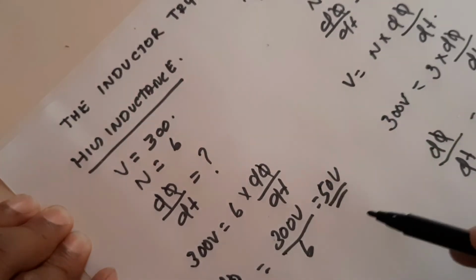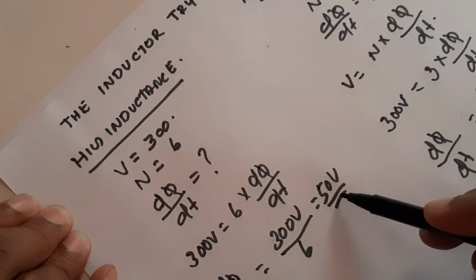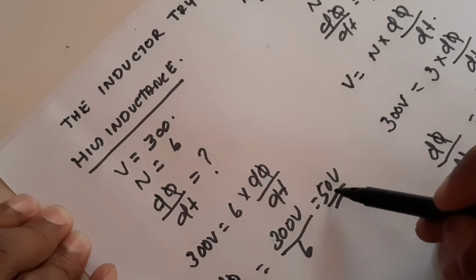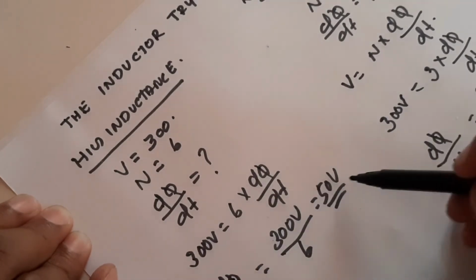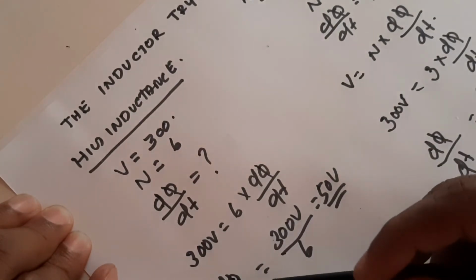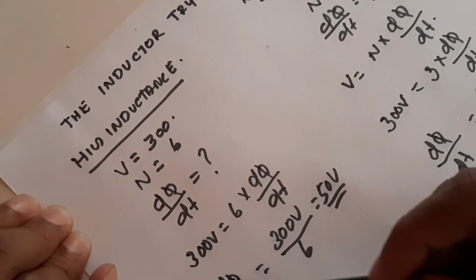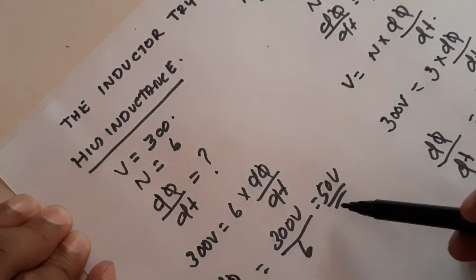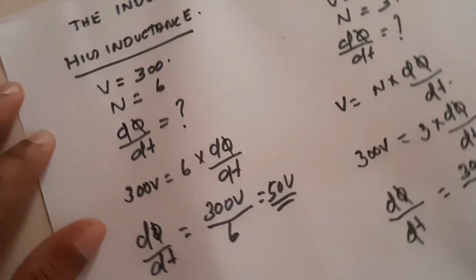That means each turn has to give an opposition of 50 volt. 50 into 6 gives 300 volt. So the dφ by dt, the change in flux, should be less in the case of high inductance.